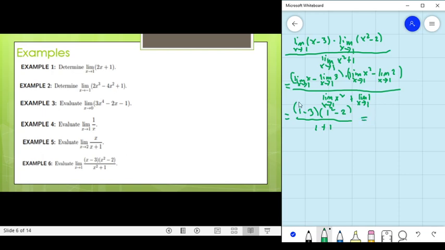And this is 1 minus 3, which is negative 2, times 1 squared is 1 minus 2, which is negative 1, all over 2. So we have negative 2 times negative 1 is 2 over 2, which is equal to 1. So example number 6 is 1.